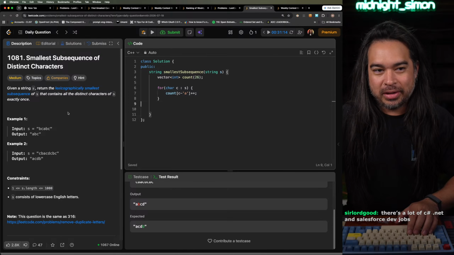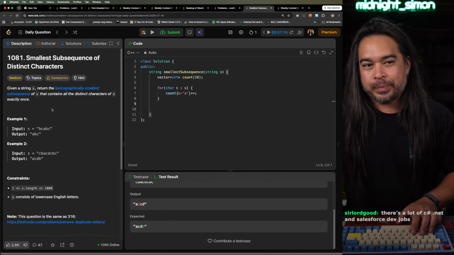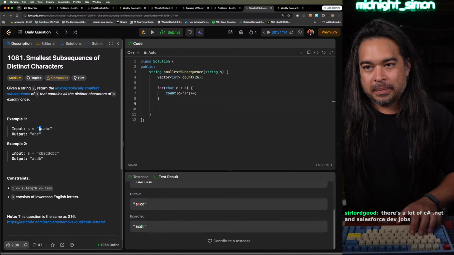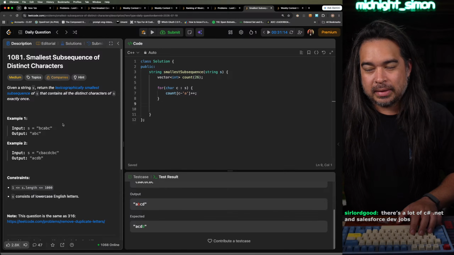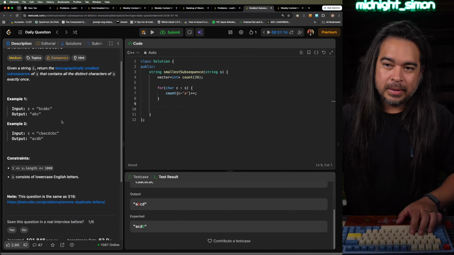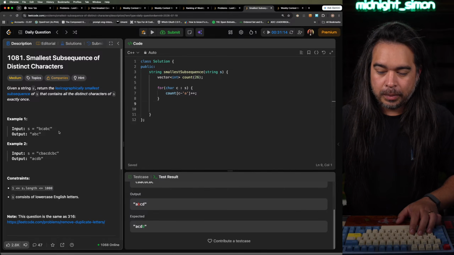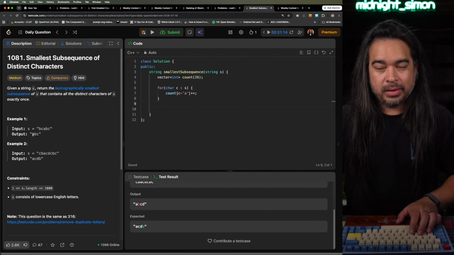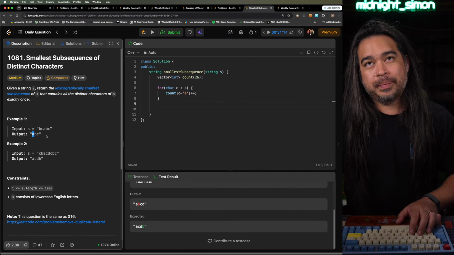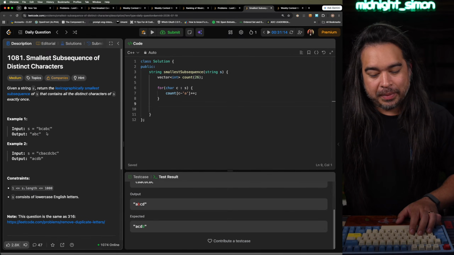Anyways, let me try and think about this problem again. Given a string S, return the lexicographically smallest subsequence of S that contains all the distinct characters of S exactly once. Do I do, man, I'm so bad.